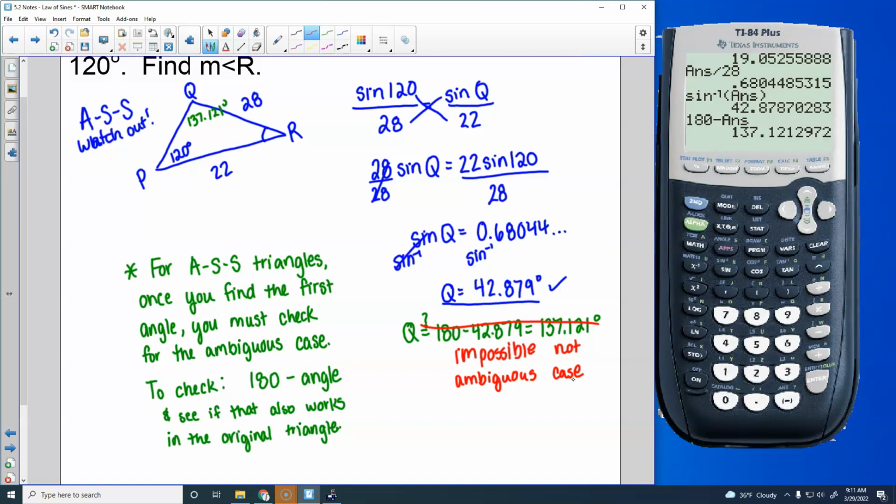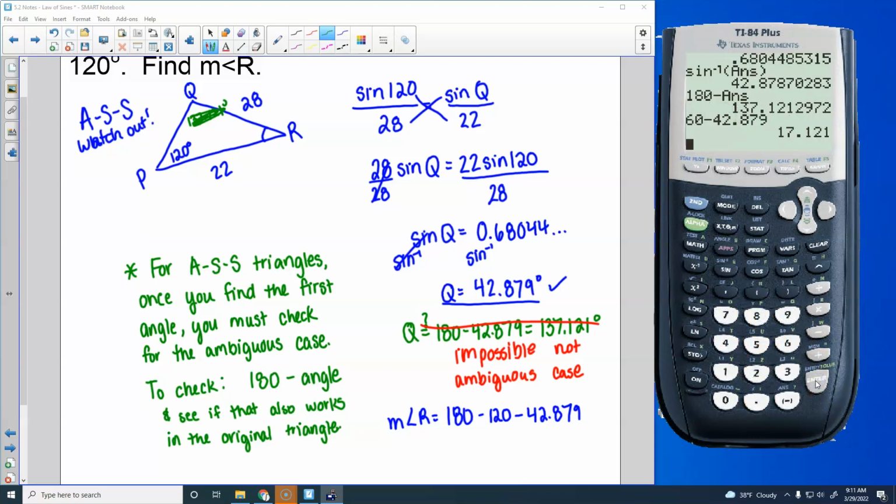There's only one answer. But the question asks us for R. So if we want to know R, measure of angle R is going to be 180 minus 120 minus 42.879. There, I'm just taking 180, subtracting the 120, and subtracting what we got for the Q. So we'll have here 17.121.